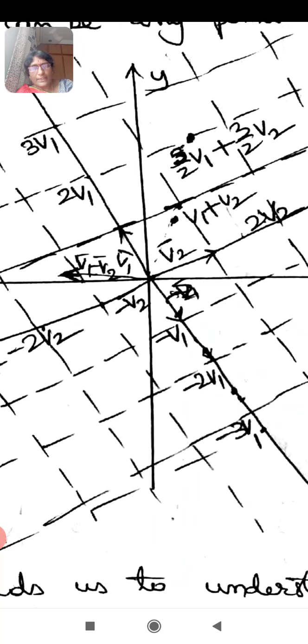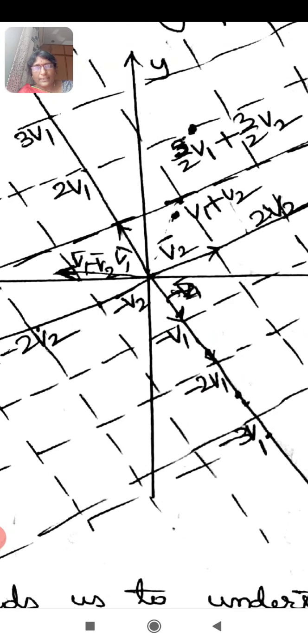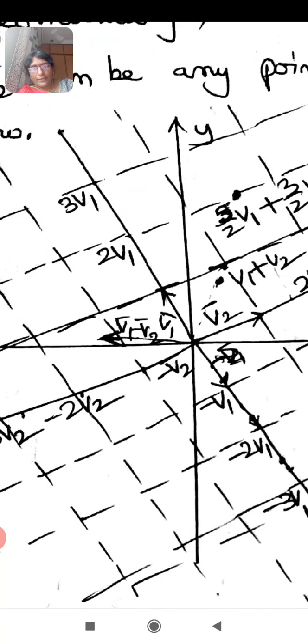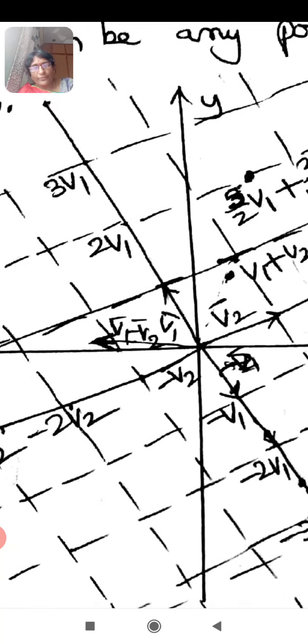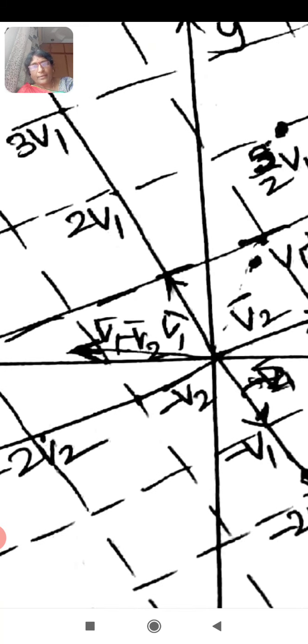On the left hand side, v1 bar is the vector. As I said, it is lying in the second quadrant. Above it we can see 2v1 and 3v1 also. So v1 is extended in the same direction, on the same line, and we can see other vectors lying on it, 2v1, 3v1.